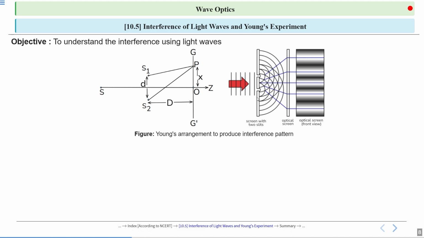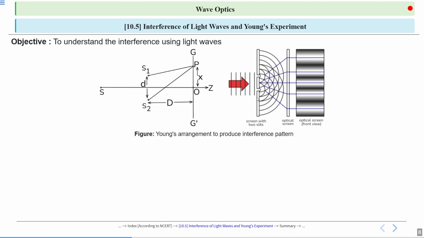You can see on the right side of the diagram there are plane wavefronts incident on the two slits, and after that the waves of light emerge from the two pinholes, the two slits, at the same time.